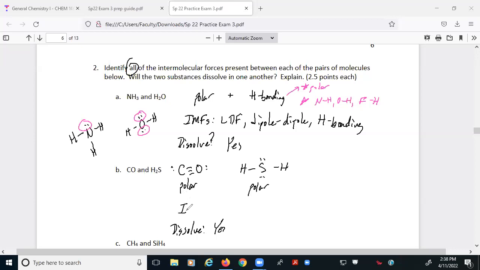As far as the intermolecular forces are concerned, we're going to have London dispersion forces because, again, they exist in everything. And we're also going to have dipole-dipole because of the fact that we've got polar molecules interacting with each other.